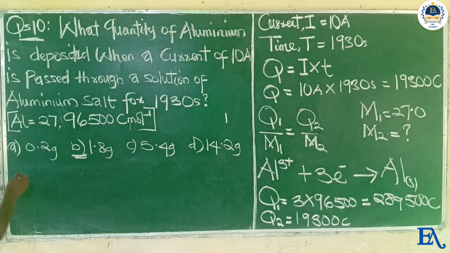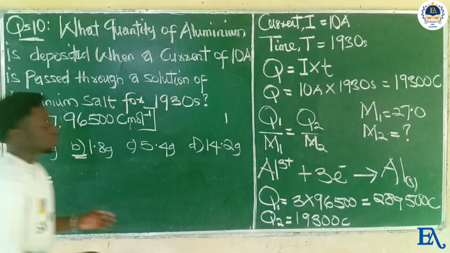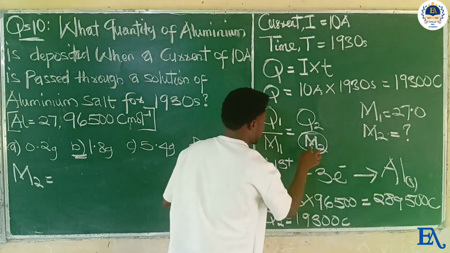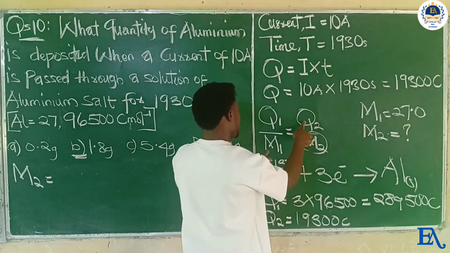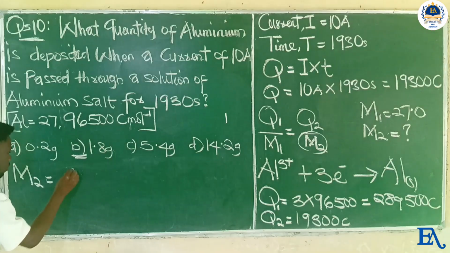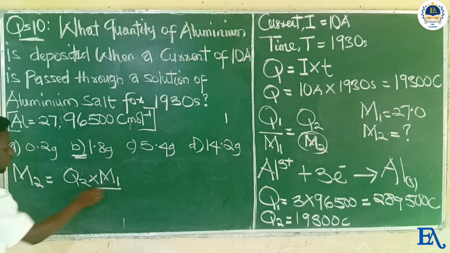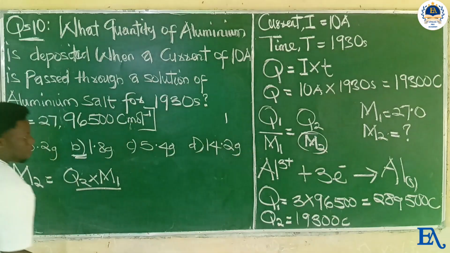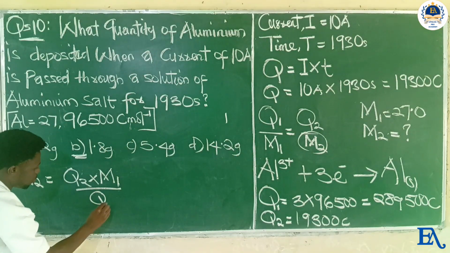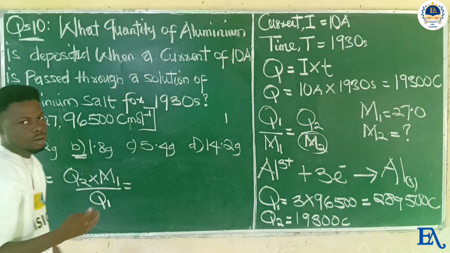So M2 is equal to, making M2 the subject, Q2 times M1 divided by Q1. So let's substitute the values.